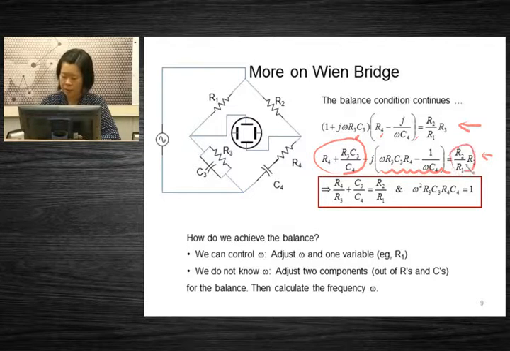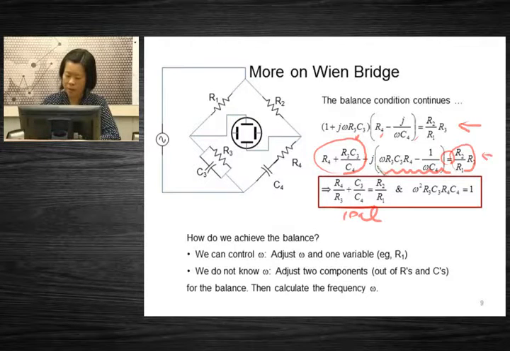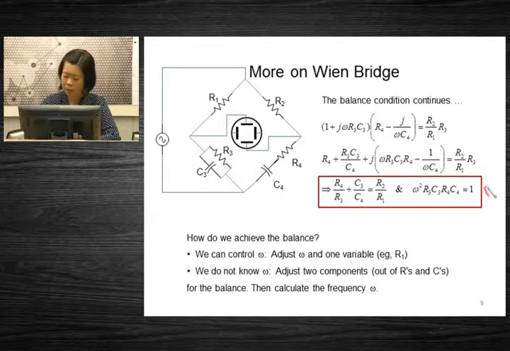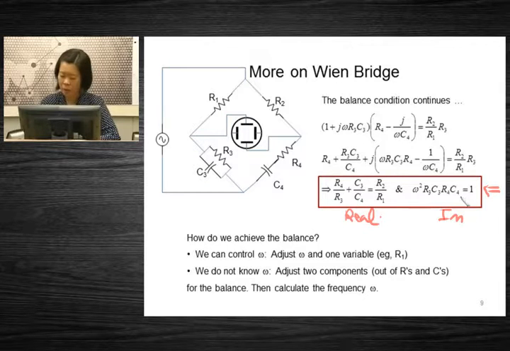This is the real part, and the imaginary part is 0. From this identity, the real part should be the same and the imaginary part should be the same. So we have these relations at the end: an identity for the real part and an identity for the imaginary part. Now, from the identity for the real part, we get relations between resistance values and capacitor values. From the identity for the imaginary part, we get a relationship for the frequency.